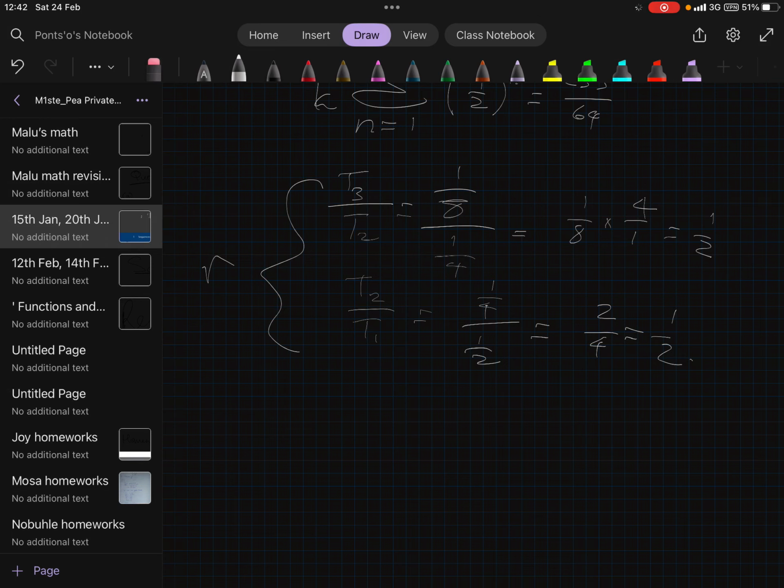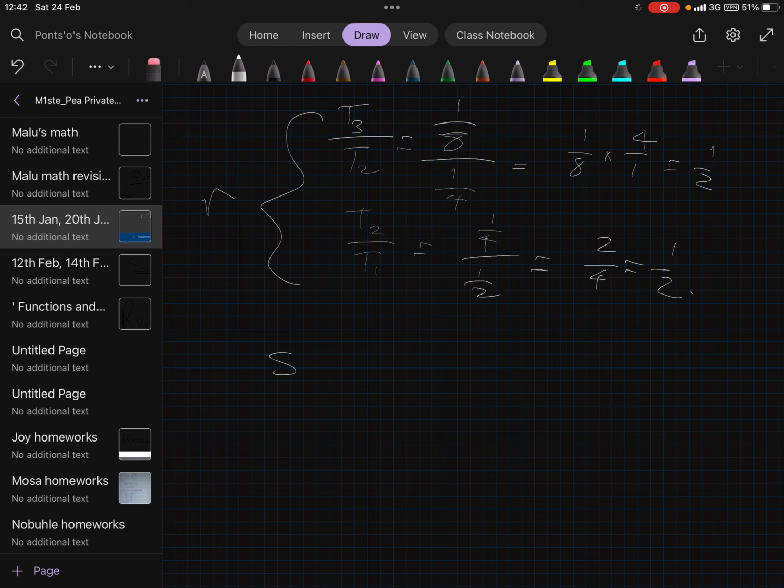So now that we found our constant ratio of a half, we can find the sum to the nth term, which is a into 1 minus r to the n over 1 minus r.